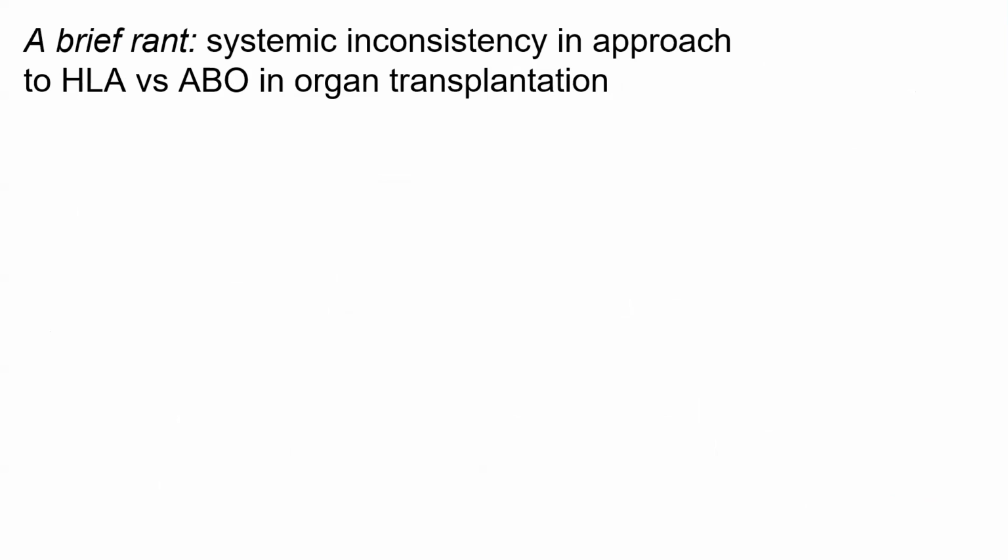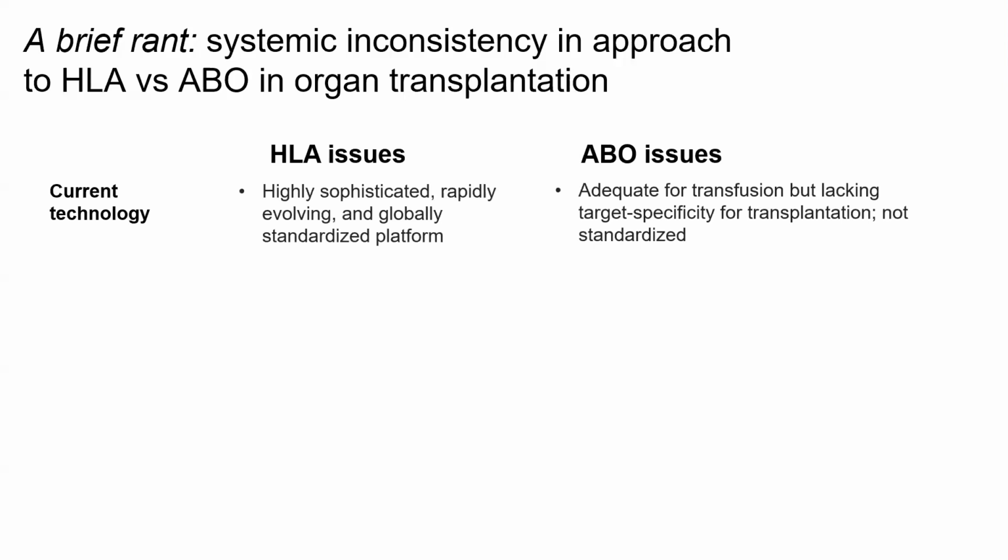So permit me a little rant, because we're working toward this. There is a huge inconsistency in the way we deal in transplantation with ABO issues and HLA issues, and it's not to the benefit of our patients to have that continue. So for example, for technology, HLA issues, generally speaking, use highly sophisticated technology, it's rapidly evolving, and it's globally standardized.